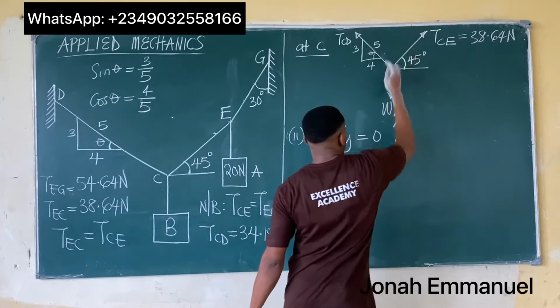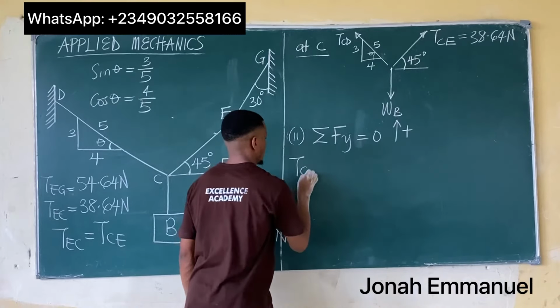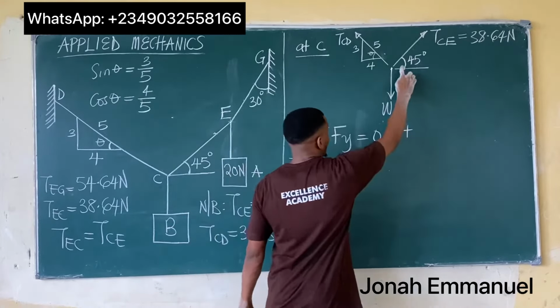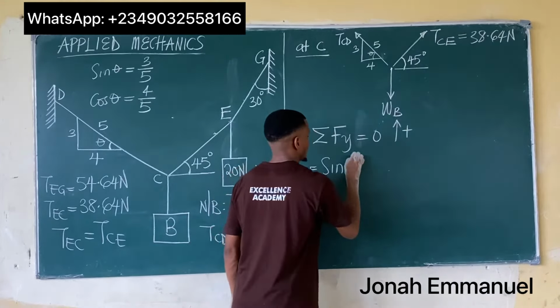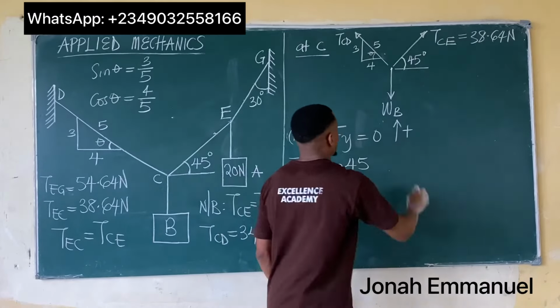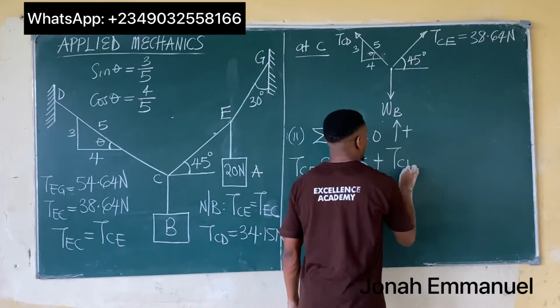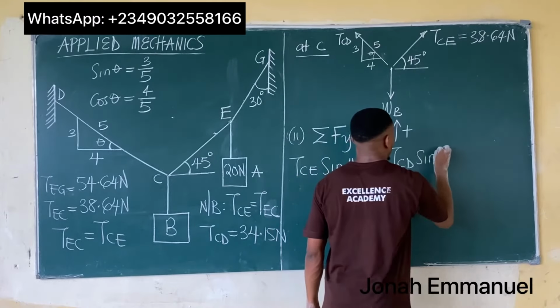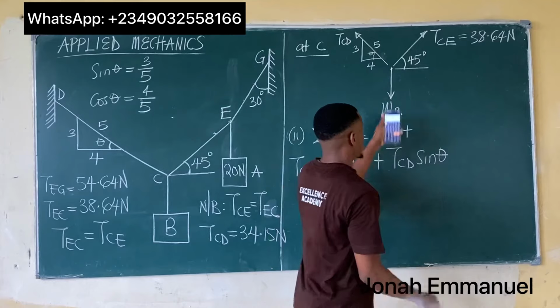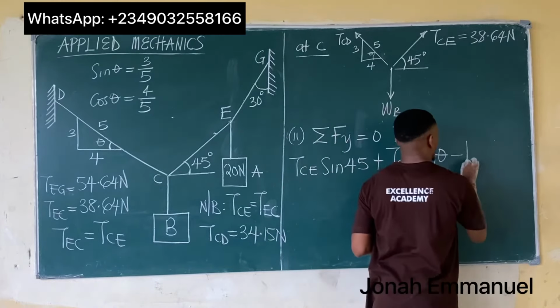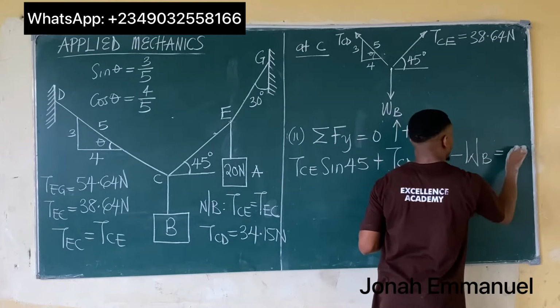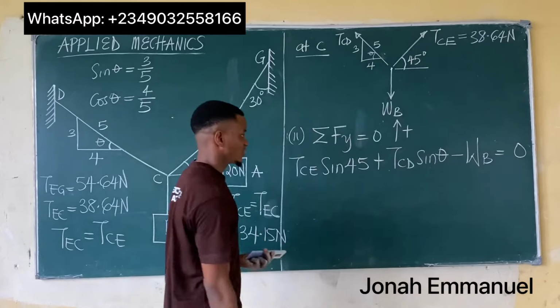One is going upwards, that's TCE. Use sine of the angle, sine 45. This one is going upwards too, so positive. TCD, use sine of theta, this one here. This one is coming downward, so minus WB is equal to 0. So I have this equation.